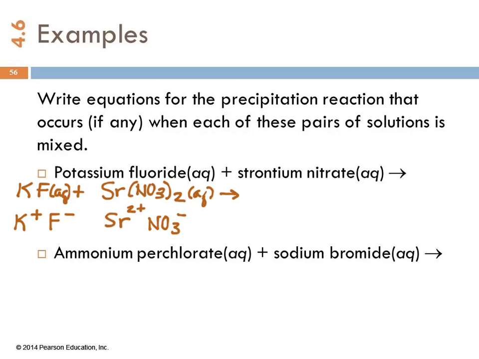Now, to do the products, I really, really encourage you to write these out with their charges. We've already got the ions written down here, so we're just going to switch partners, the strontium with the fluoride, the potassium with the nitrate.